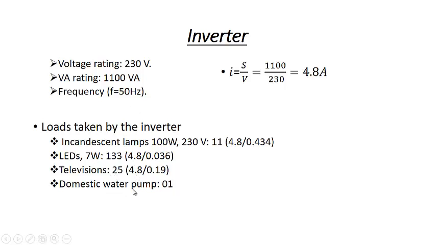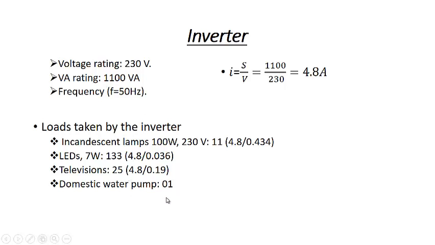For a domestic water pump, there will be only one, because a domestic water pump will have a current of, perhaps I don't remember, but it will be less than 4.8 amperes, but it will not be two times. If we use two water pumps, the current of the two water pumps will go beyond this. So one water pump will suffice, and this type of inverter will be able to supply the domestic water pump as well.